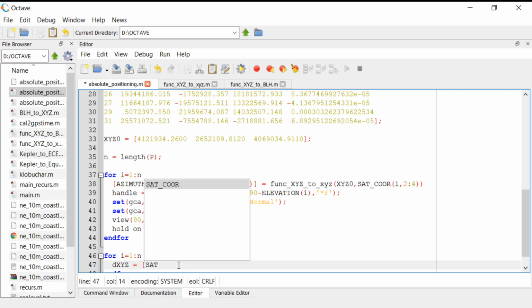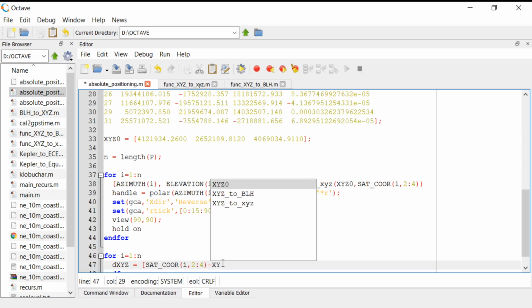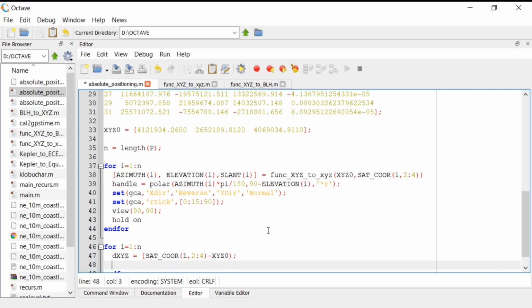And so sat core, for this purpose I need to take the difference i, 2 to 4. The second, third, and fourth columns will be included because x, y, and z. These columns will denote x, y, and z respectively. So I will take the difference x, y, z 0. So then I obtain the difference.